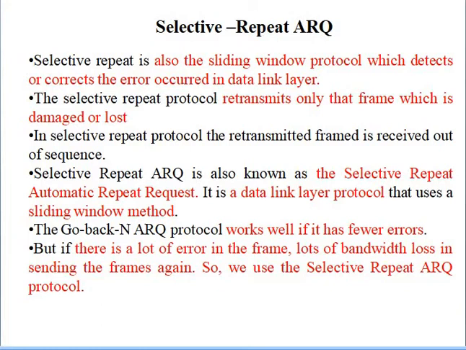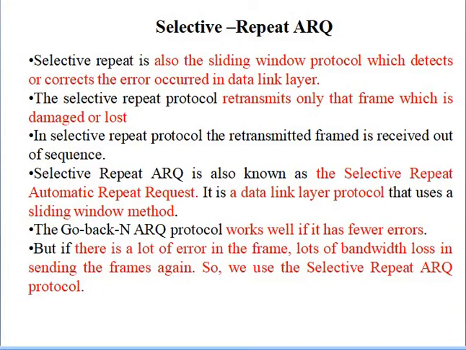But in selective repeat protocol, only the frame which is damaged or lost is retransmitted. In selective repeat protocol, the retransmitted frame is received out of sequence. It is received out of sequence.